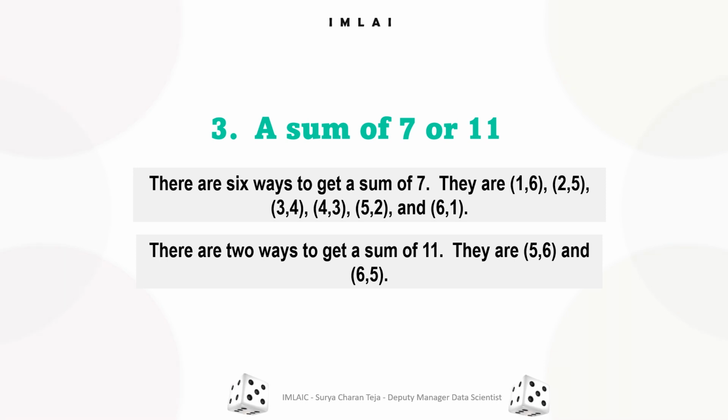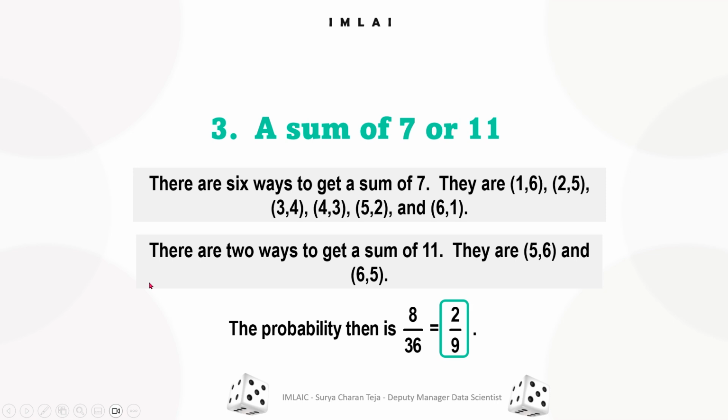Let's take getting a sum of 7 as event 1, and getting a sum of 11 as event 2. Then the probability of a sum of 7 or a sum of 11 is the probability of event 1 plus the probability of event 2. So overall you get 6 plus 2 divided by 36.